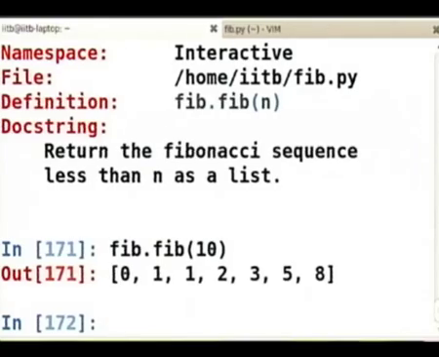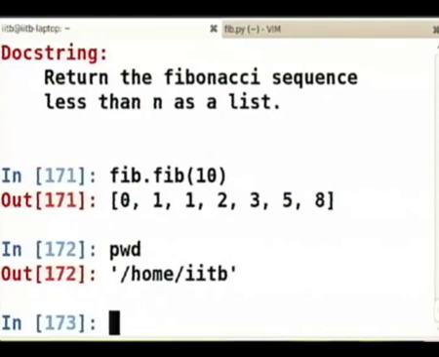Okay. So writing a module is as simple as putting your functions and your variables that are defined into that file. If that file is available in the same directory as your interpreter, you can import that file immediately. So for example, my current working directory is home/iitb.